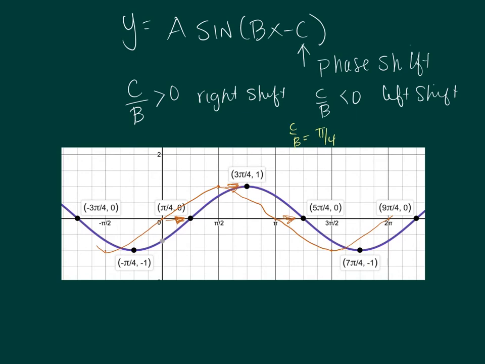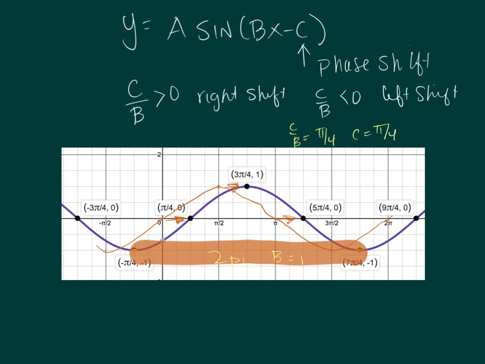The period, however, let's look. We start here at negative pi over 4. We go to 7 pi over 4. So this distance using our period is actually still 2 pi. So we know that B equals 1. So C must equal pi over 4.